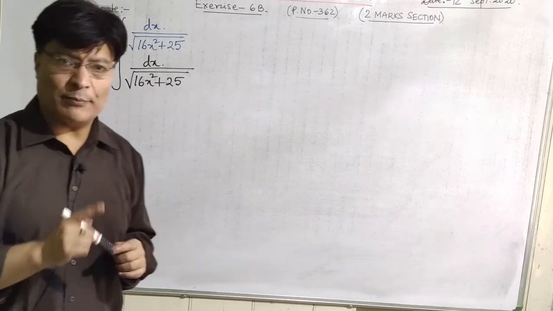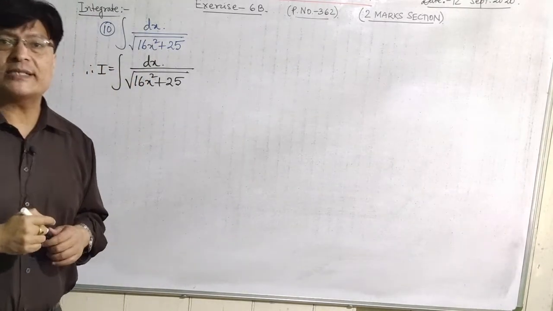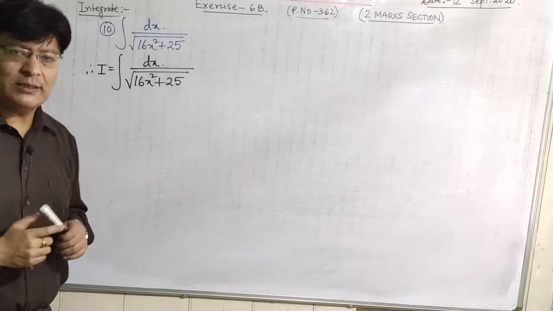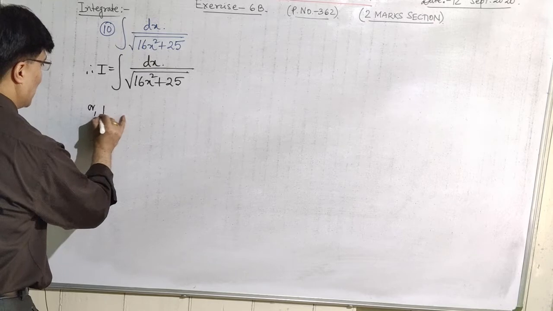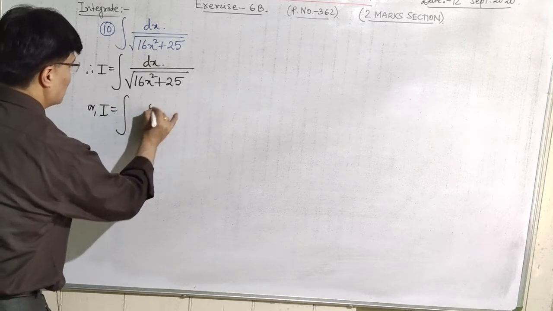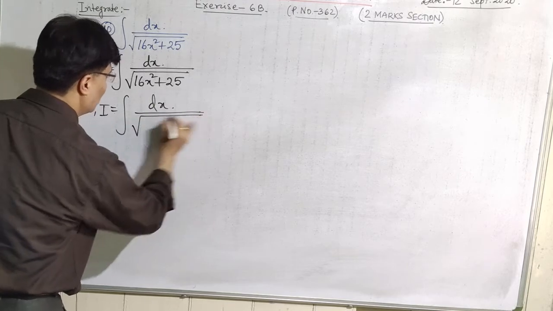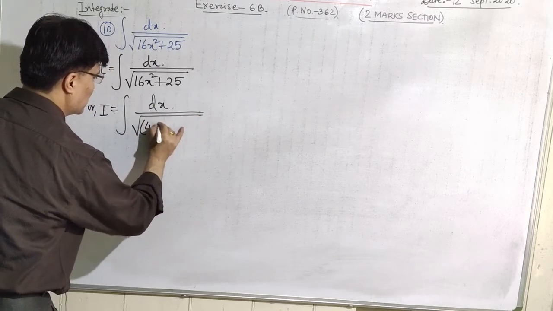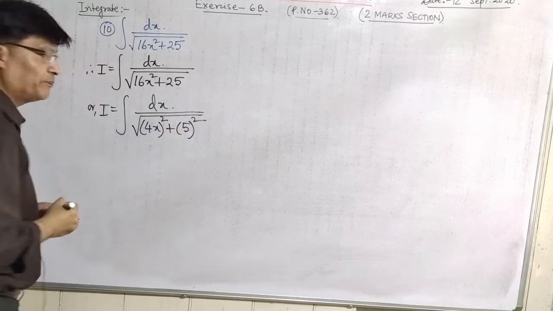But don't use the formula directly because the coefficient of x within whole square is 4. Let us assume this 4x as z so that we can use the standard form, right? So I is equal to integral sign dx divided by root over 4x whole square plus 5 whole square.